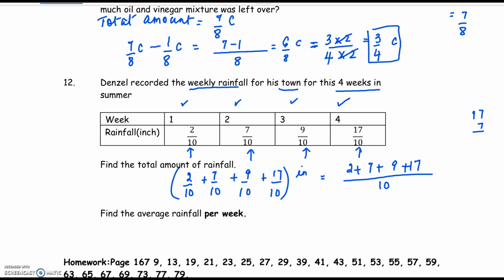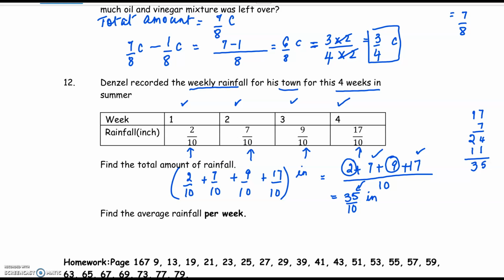17 plus 7 is 24. And 9 plus 2 is 11. And the total amount of rainfall is 35/10 of an inch, sorry. 35 is the total of the numerator, but the denominator is 10.